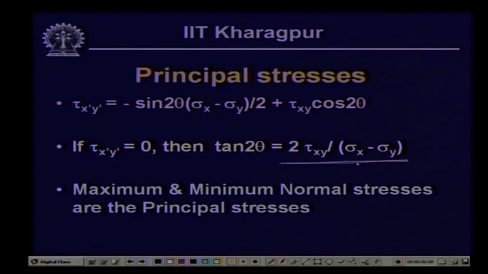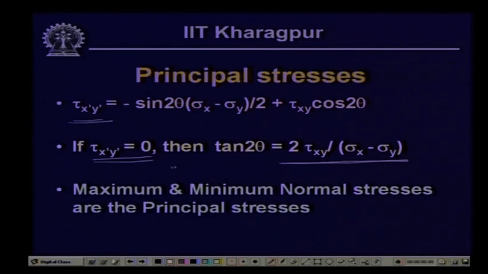And since these two angles match, this shows that the planes where we have obtained the maximum and the minimum normal stresses coincide with the planes where the shearing stress is 0.